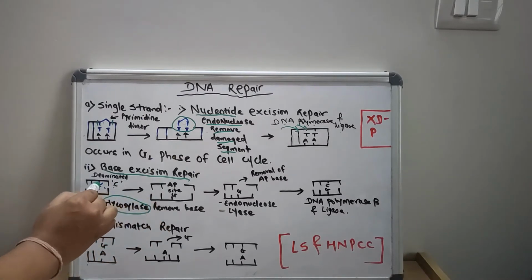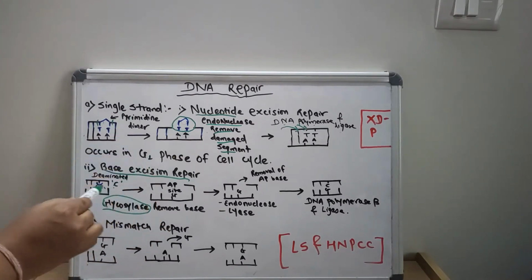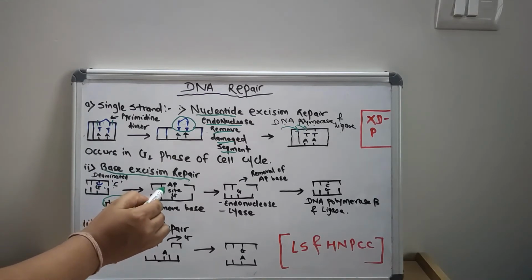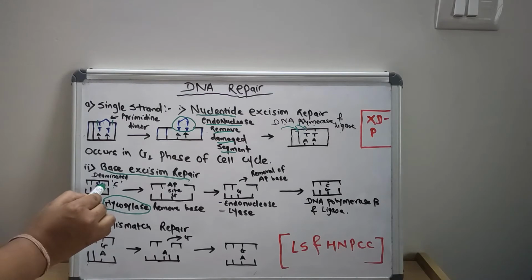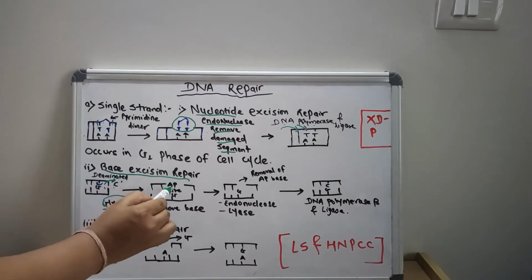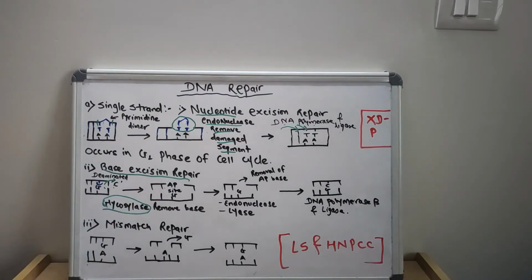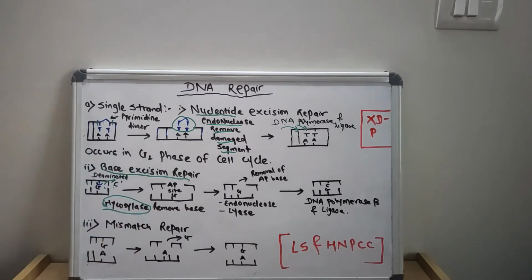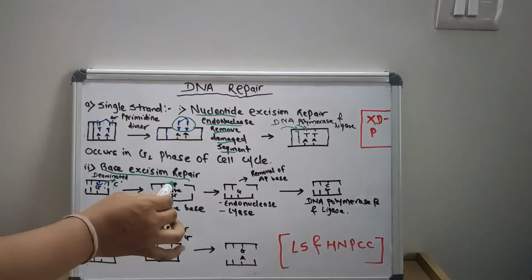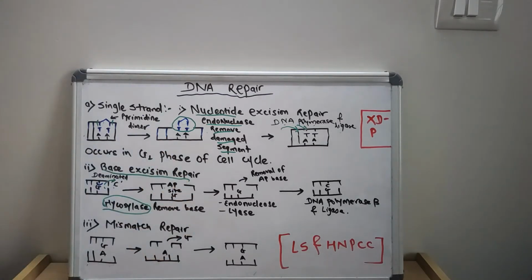When the uracil is removed, there is formation of the AP site, an apurinic or apyrimidinic site.